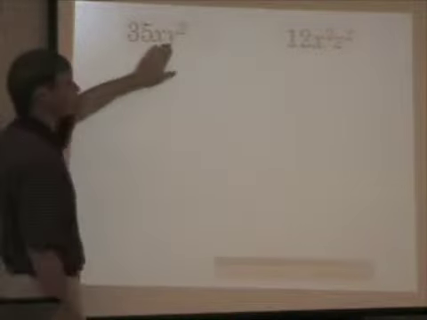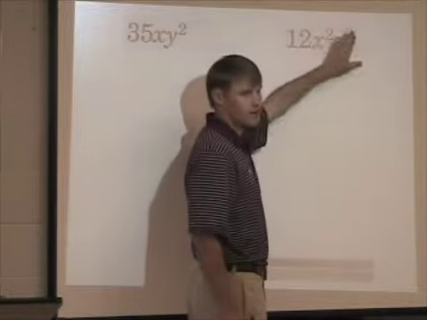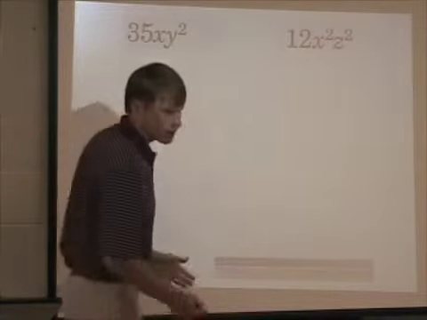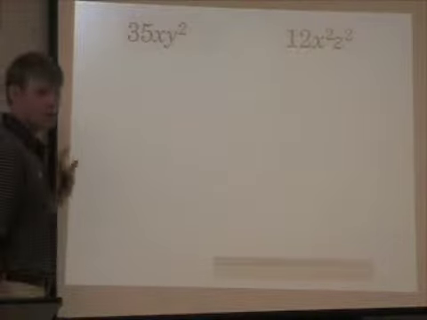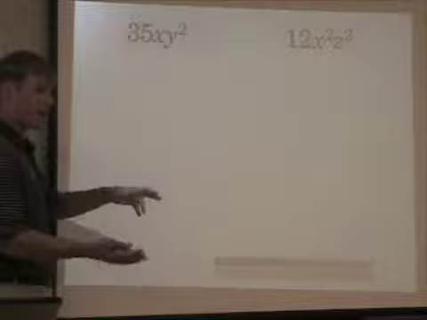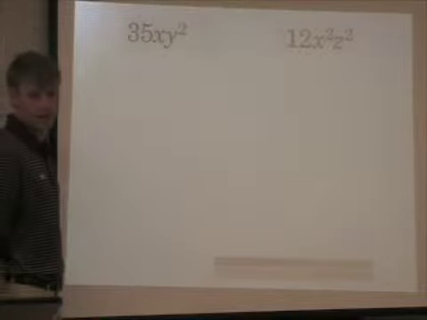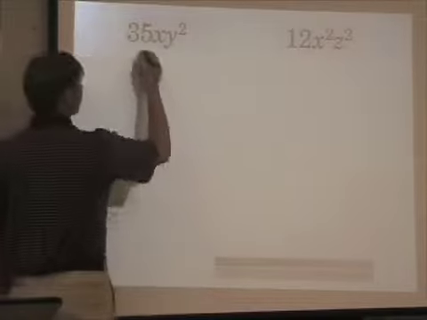All right, on this problem we have 35xy squared and 12x squared z squared. We want the greatest common factor, the biggest number that goes into both, or the biggest letter that goes into both. Because now that we're using variables, we might have a variable that can go into it. Okay? So we got to factor each one of them.